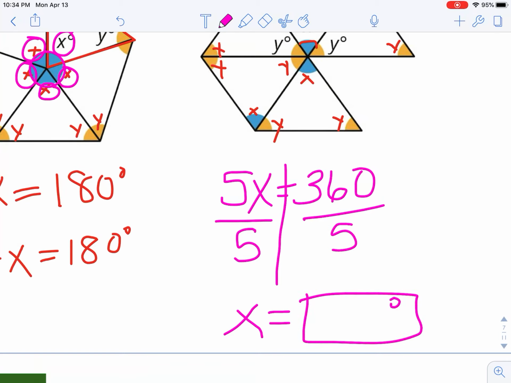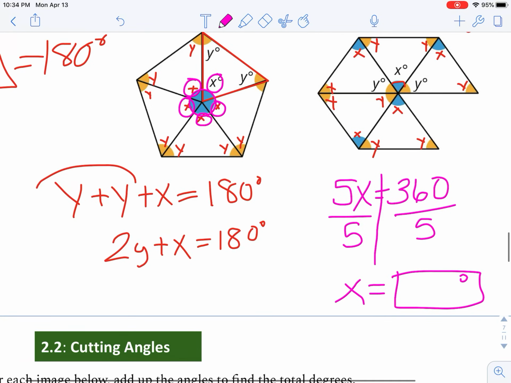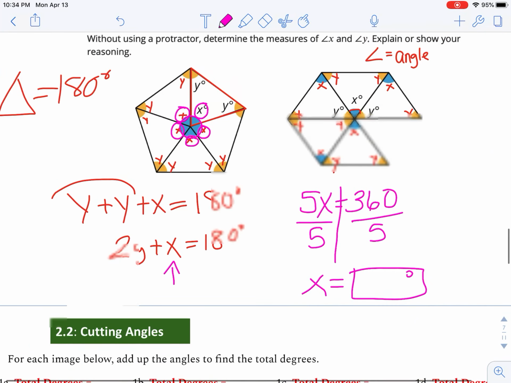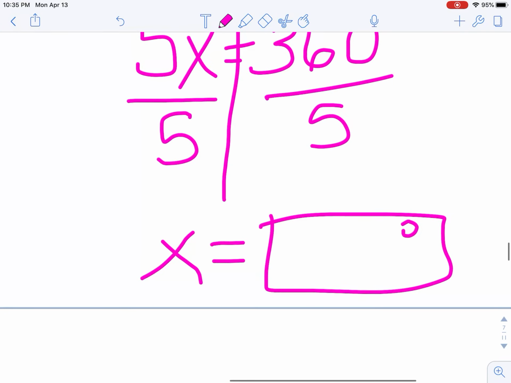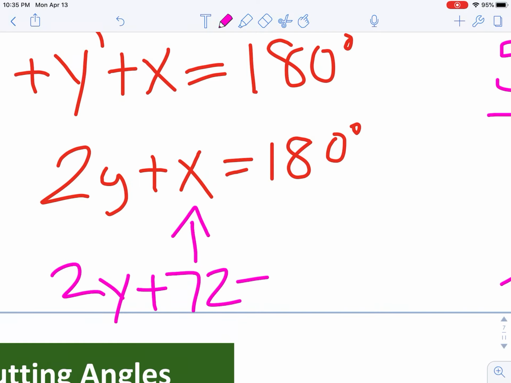That would give us our answer for here, in degrees. And then we plug it into this equation right here. Let me use my calculator and get the answer really quick. 360 divided by 5 equals 72 degrees. So we know 2Y plus 72 equals 180.